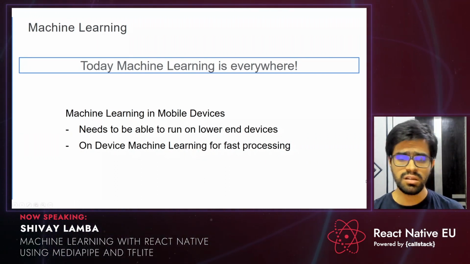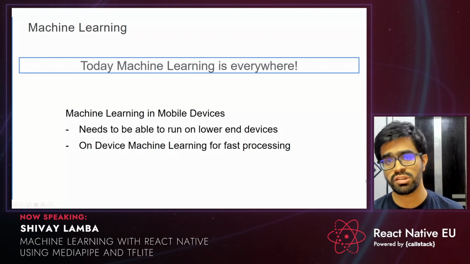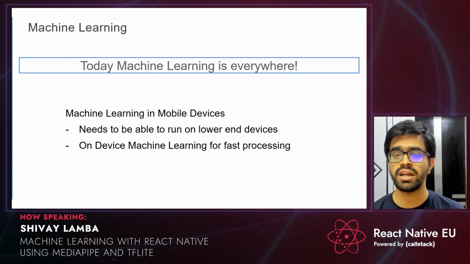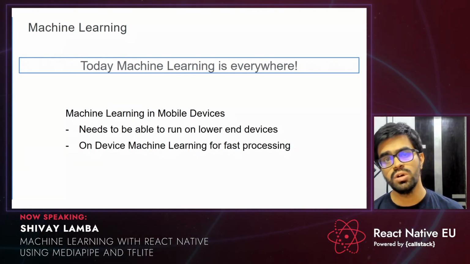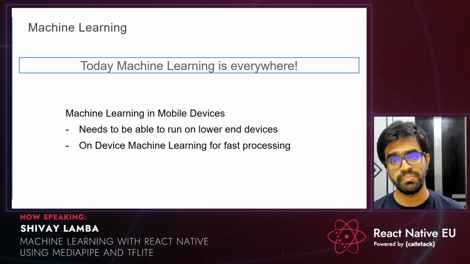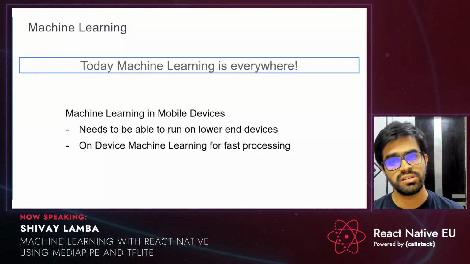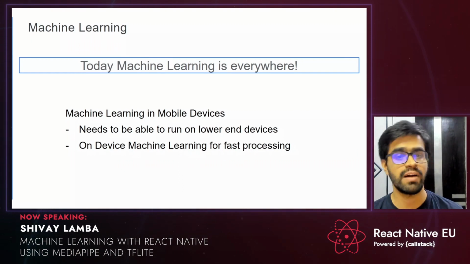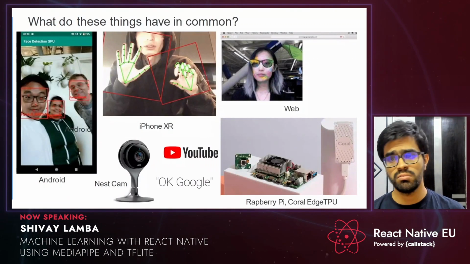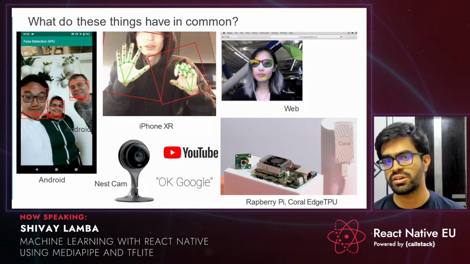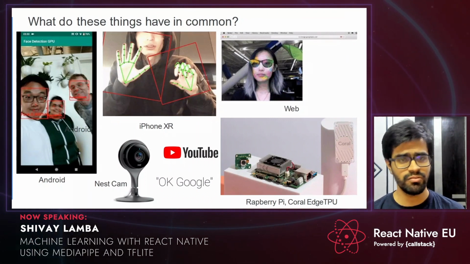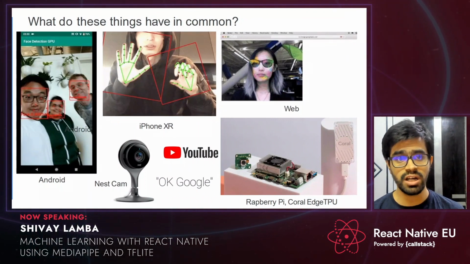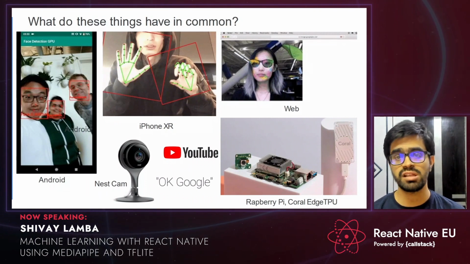Now, we'll be talking about a few different solutions, and we'll be looking at how we can integrate the two different methods, that is MediaPipe and TFLite, for React Native applications. Let's take a look at this particular slide and see what all of these different images have in common.